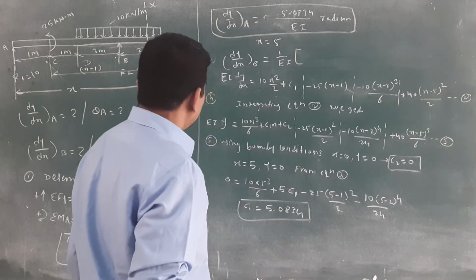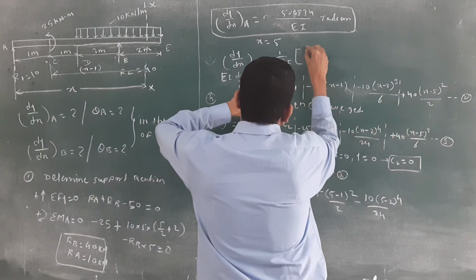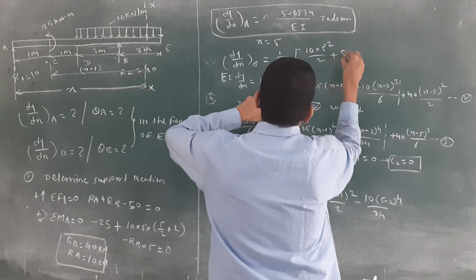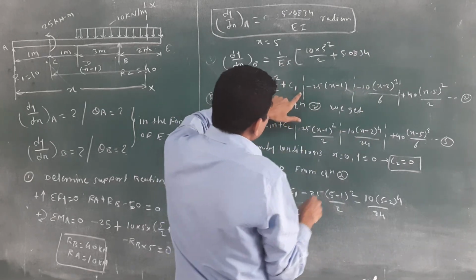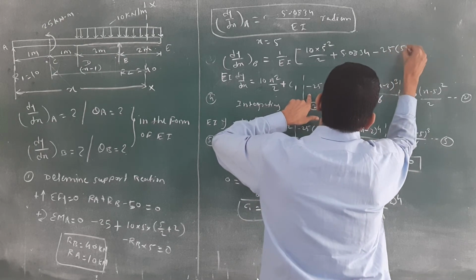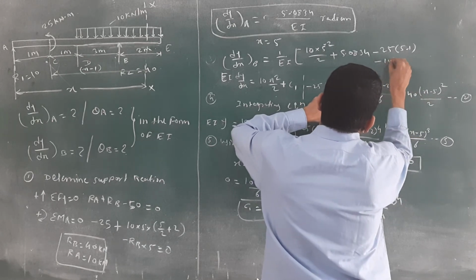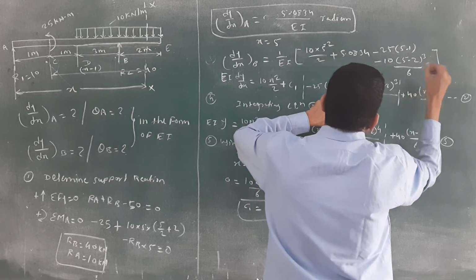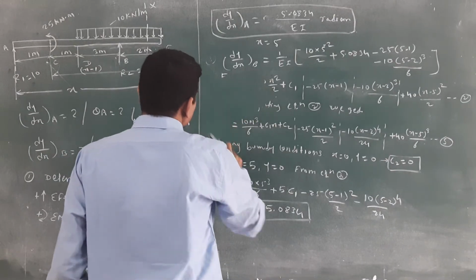Okay, then check the remaining value: x is equal to 10, up to the third compartment. 10 into 5 square divided by 2 plus 5.0834. Okay, what is the value of C1? I have put minus 25 into (5 minus 1). Then again minus this value, 10 into (5 minus 2) bracket cube divided by 6 is there. Okay, I have put all the values in equation number 2.